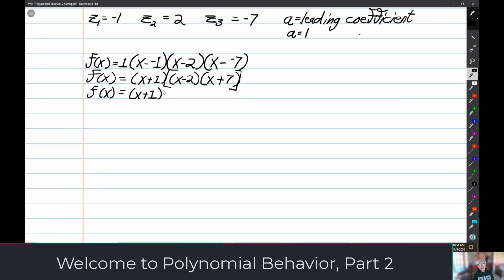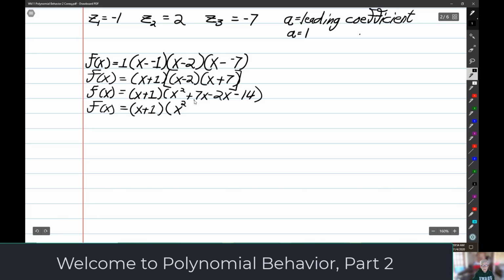Okay, when I multiply these together, I'll have x squared plus 7x minus 2x minus 14. So f of x will equal x plus 1 times x squared plus 5x minus 14.